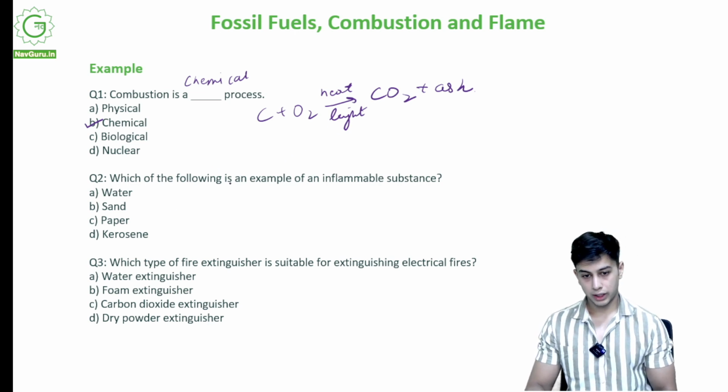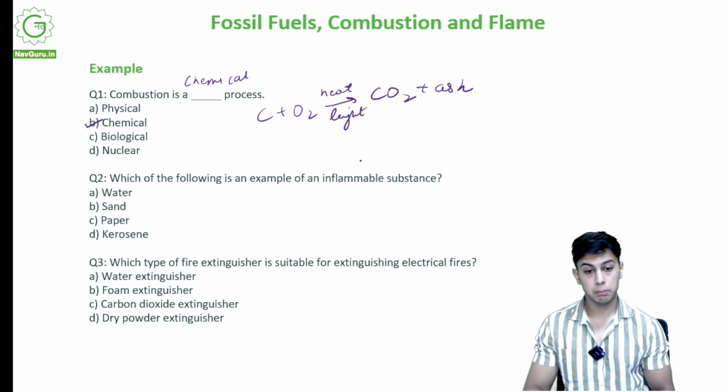Which of the following is an example of an inflammable substance? So what is an inflammable substance? Something that burns easily and very fast. Okay. So over here, what is the answer? Water, sand, paper, kerosene. Kerosene. Why? First of all, it is a fuel. All fuels will be placed the highest in an inflammable substance, multiple choice option.